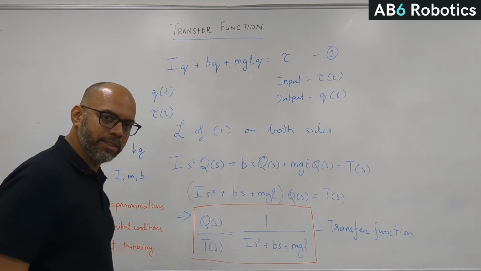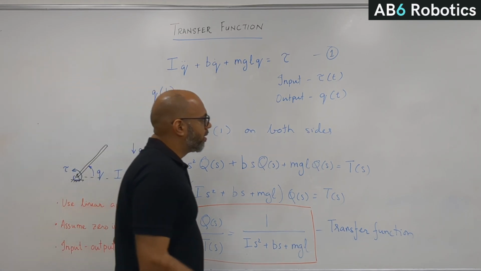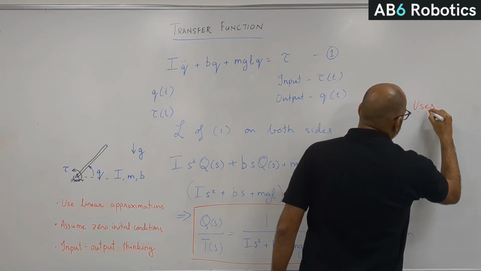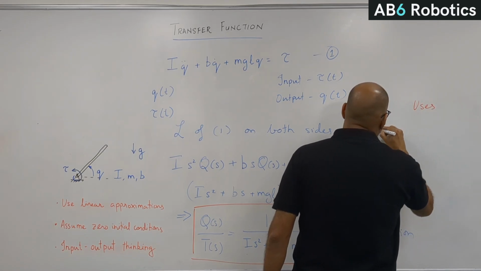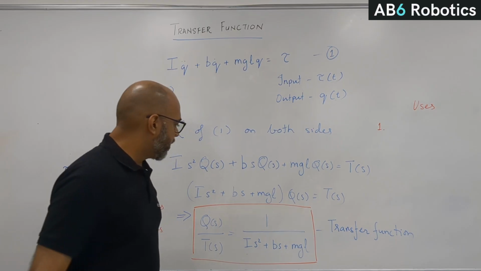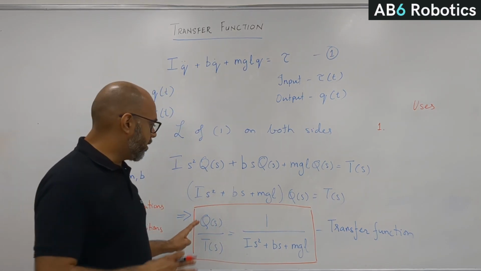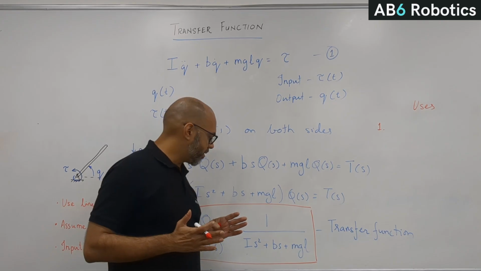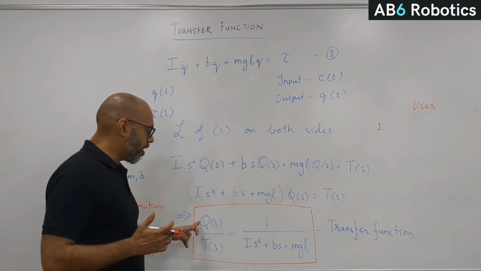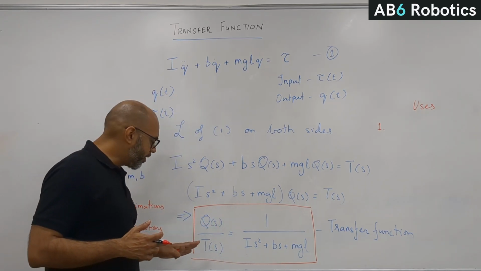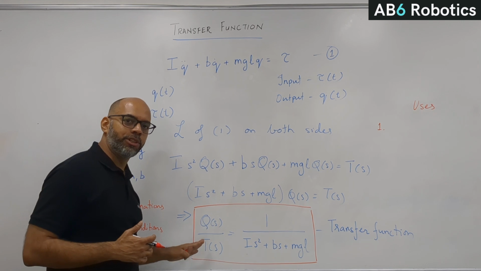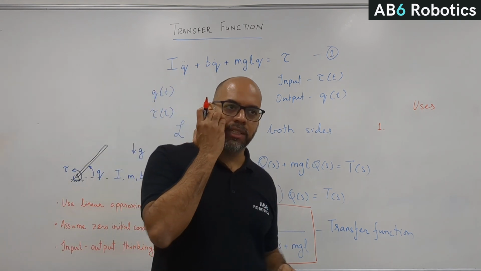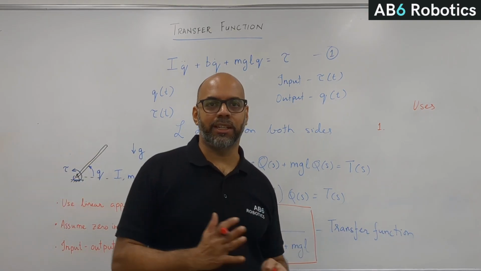Okay, what are those? One, as I said, it's a very convenient form to analyze how the output would behave for different kinds of input torques. And when I say different kinds, the most common way to think about it is different frequencies and magnitudes.